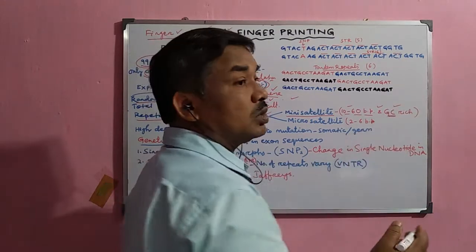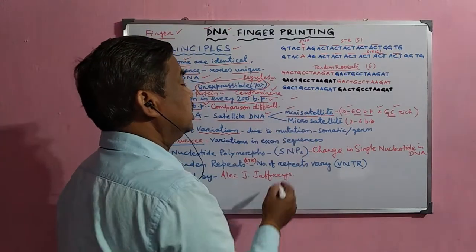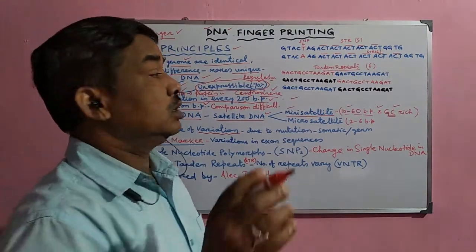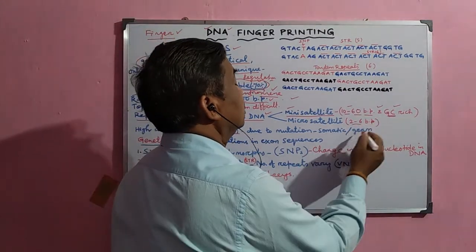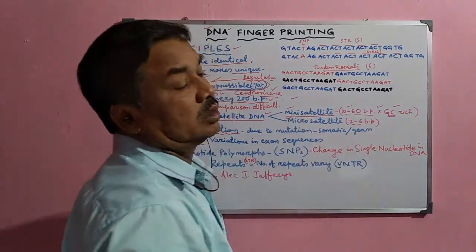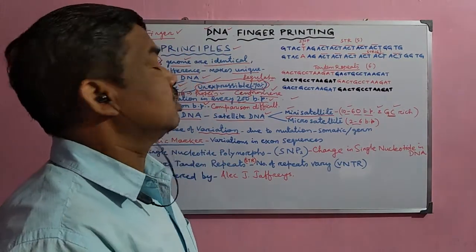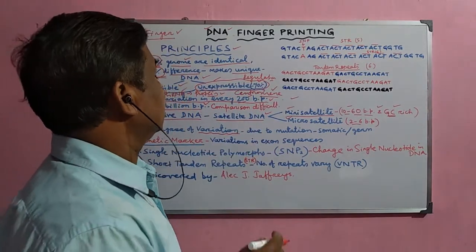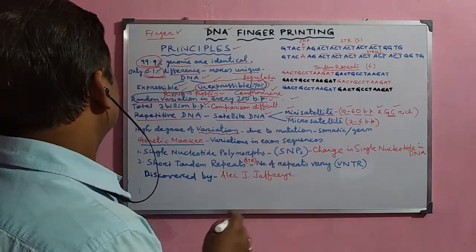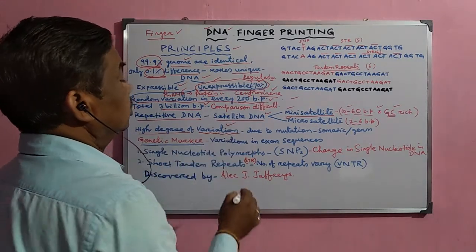AT and GC, two types of base pairs are there. Sometimes when the length is very short, only 2 to 6 base pairs, it is called microsatellite. So in the genome there are some microsatellites and some minisatellites, and these are the variable regions, with a high degree of variation in the genome.